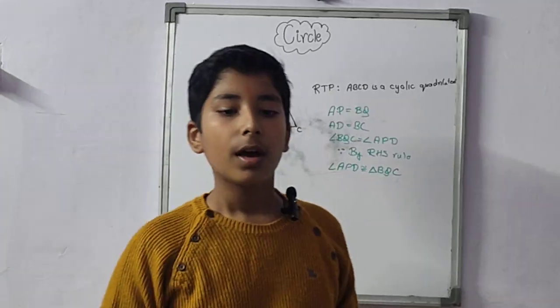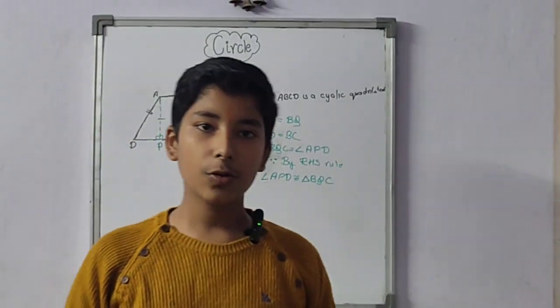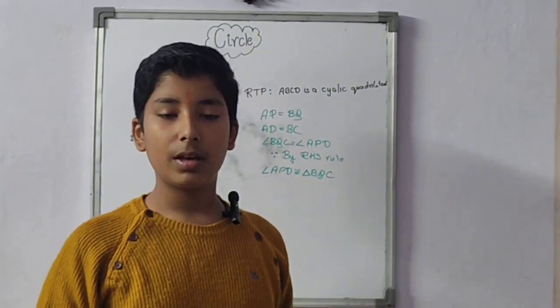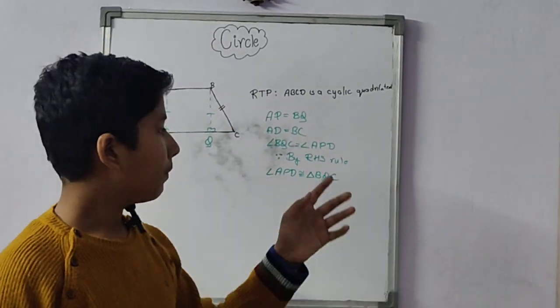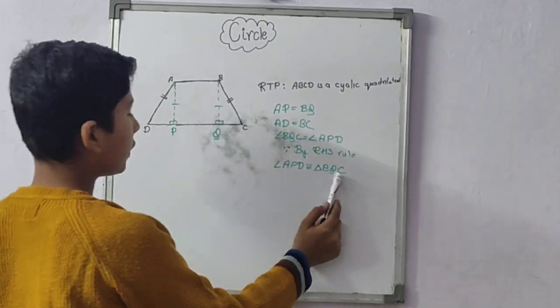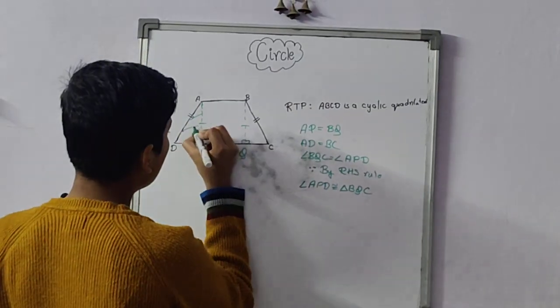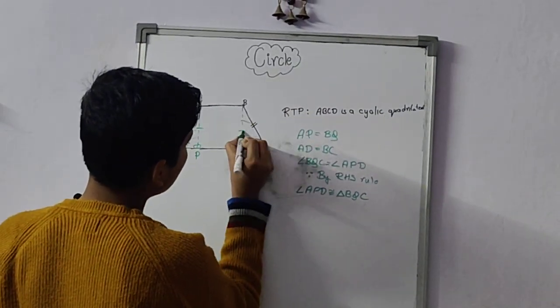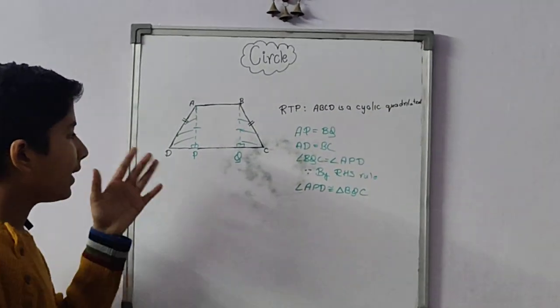But you might be thinking how congruency is here. I'll explain you congruency in other chapter in next video. But till then, you have to do this by RHS. It is proved that this triangle is congruent to this triangle. Okay.